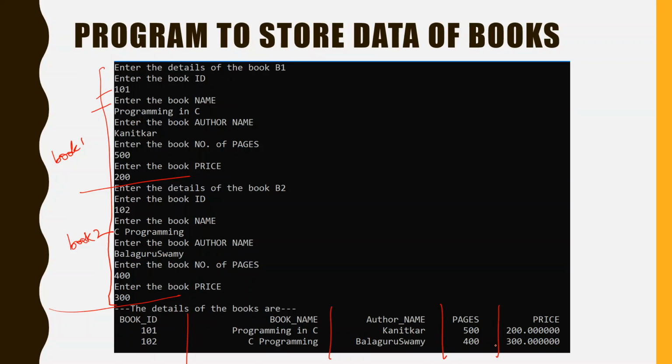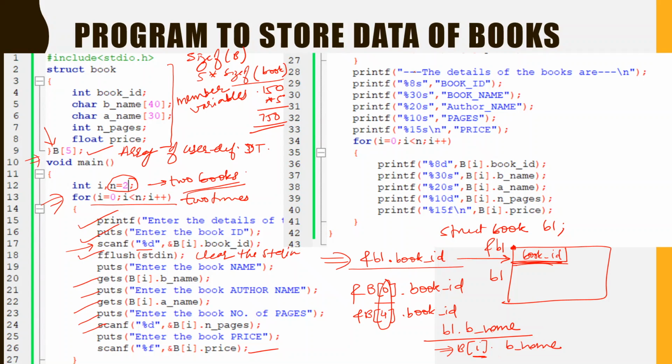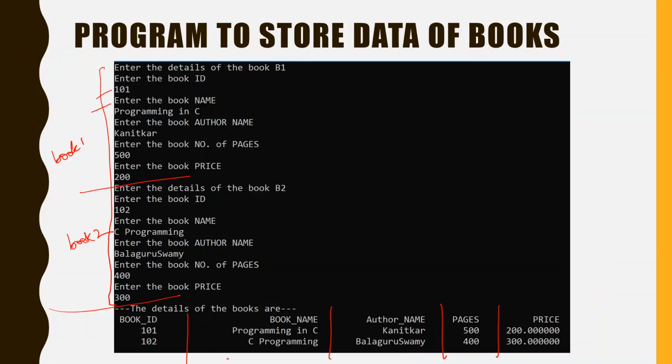To create the table, we have aligned these with the sizes that we have defined over here, that is, the number of spaces that would be required. We have aligned them properly with the help of %s. This syntax, %30s, means 30 spaces would be reserved for printing this string. Similarly, the author name would take 20 spaces to print the string. In this way, we have aligned them in the form of a table.